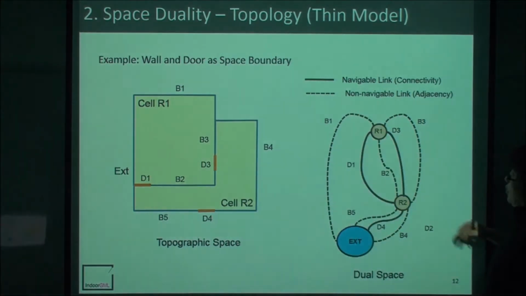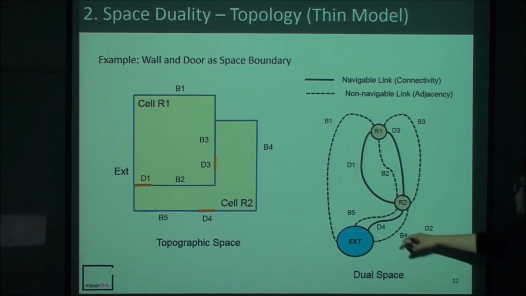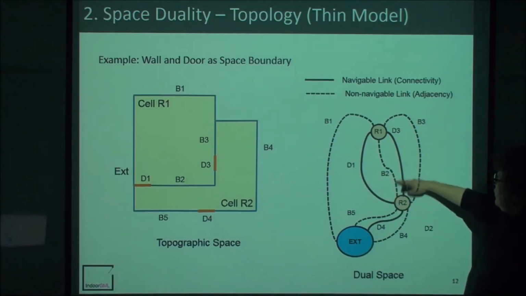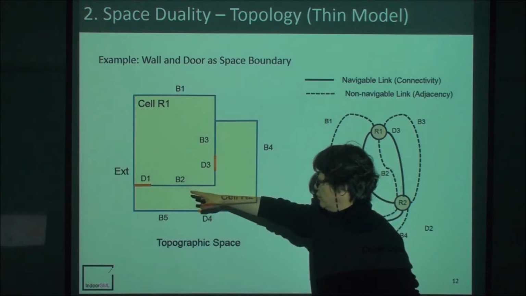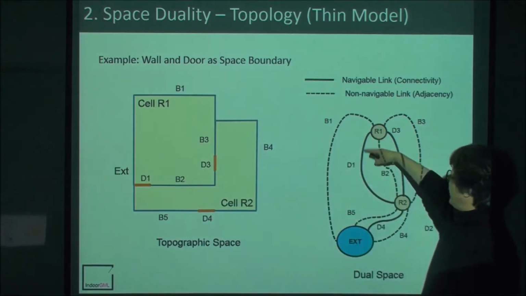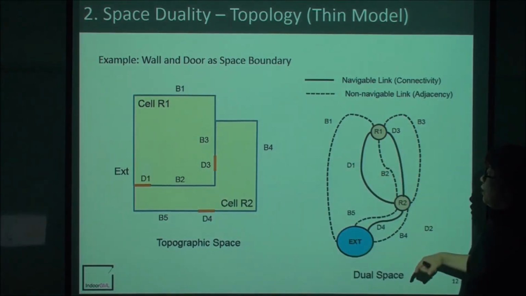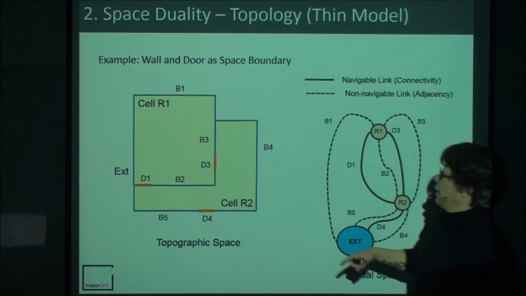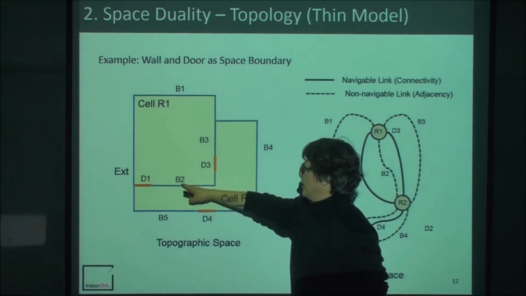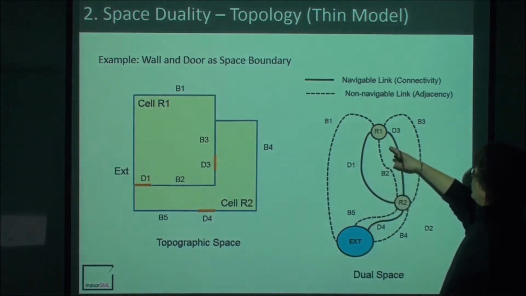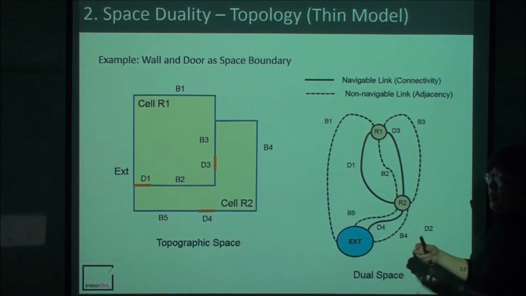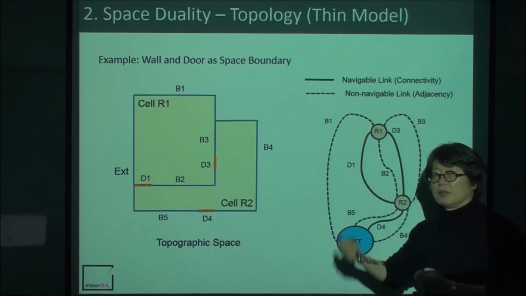So we have a slightly simplified graph where D1 and D3 explain the connectivity between rooms R1 and R2, and B3 and B2 are only adjacent but non-navigable.